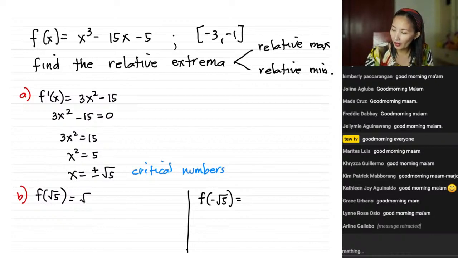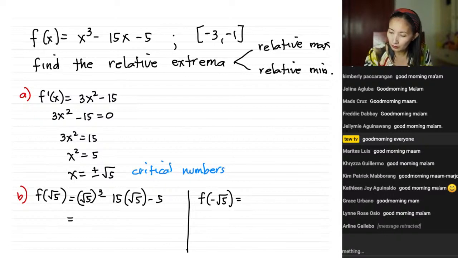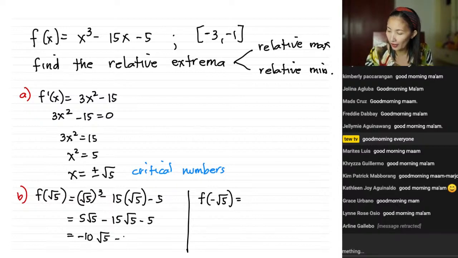That means square root of 5 raised to the third power minus 15 times the square root of 5 minus 5. Okay, what will this be? This one will be 5 square root of 5 minus 15 square root of 5 minus 5, which is negative 10 square root of 5 minus 5.